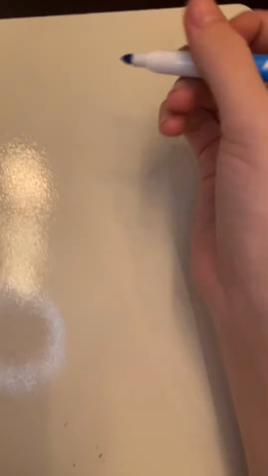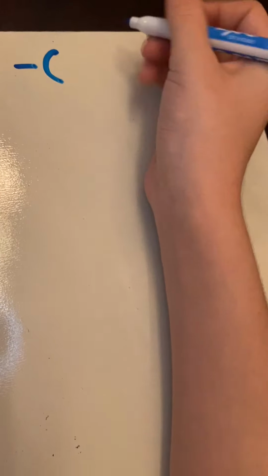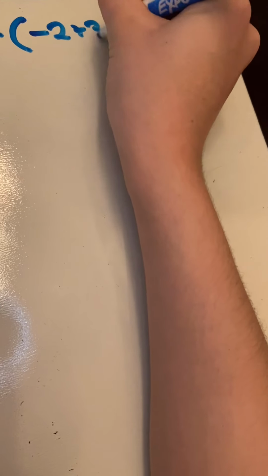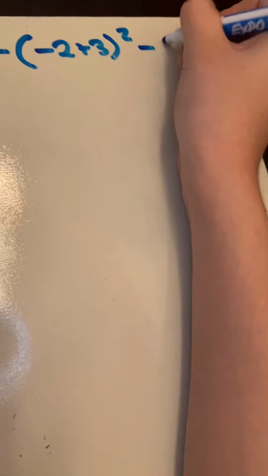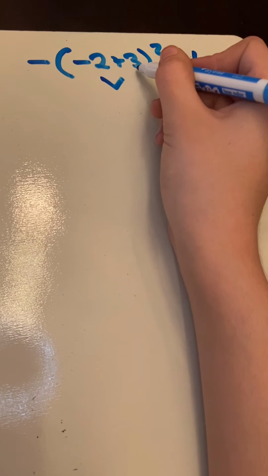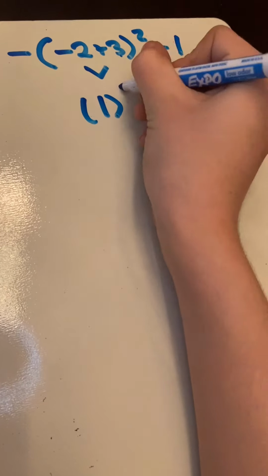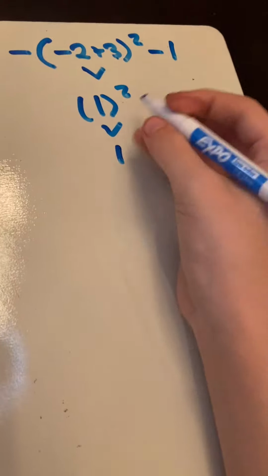We're almost done, right? Then we do 3 more. We do negative, parentheses, negative 2 plus 3 squared minus 1. Negative 2 plus 3, keep the sign of the bigger number. So it's 1, squared gives you 1.